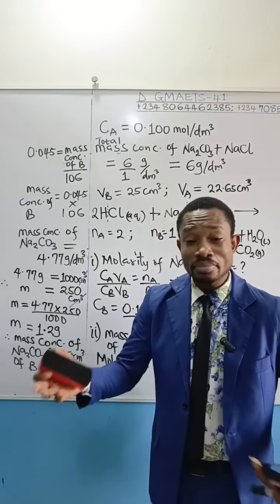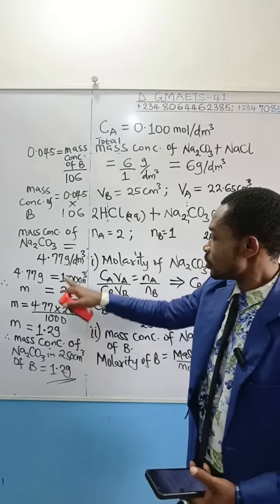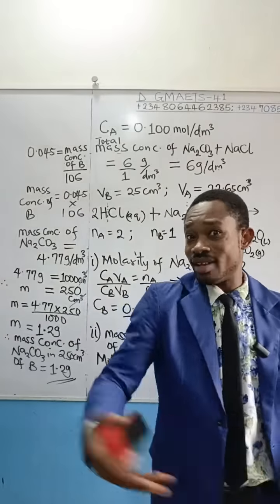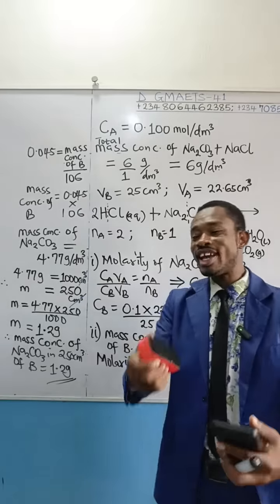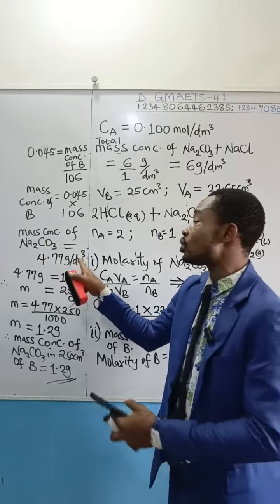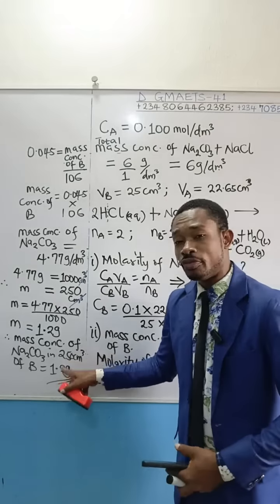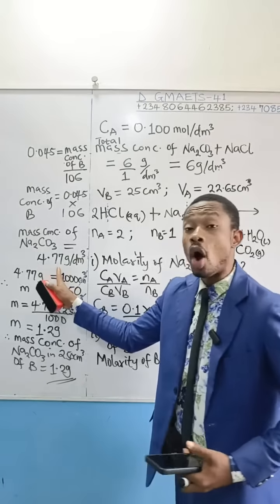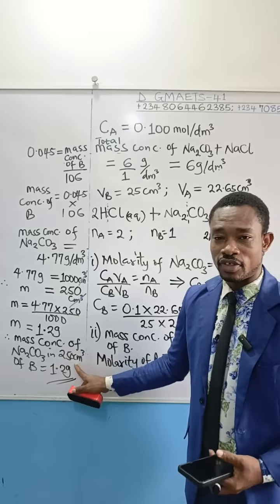Because normally, in most kinds of questions, when we are done solving for the mass concentration of this substance or that substance, that's usually what examiners require of us. But you notice that in this case, after getting the mass concentration in 1000 cm cube or in 1 dm cube, you are asked to get the one in 250 cm cube. So we weren't allowed to stop at this point. You had to convert it to the one that will be in 250 cm cube.